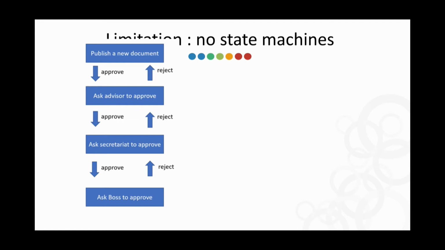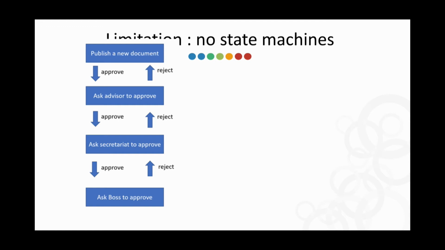And when one of these people approves, then you will ask the secretariat to approve. And then you will ask the big boss to approve, okay? And he can reject. So then if he rejects, you can redirect to the secretariat, back to advisors, etc. You have several levels of approval.